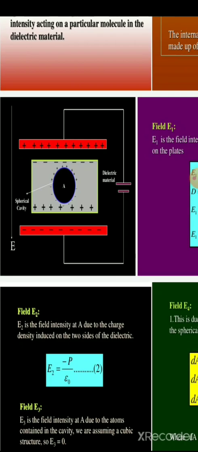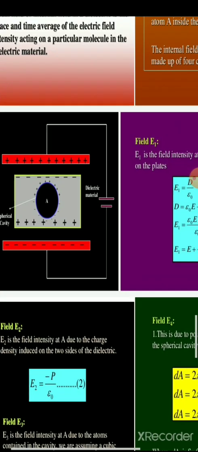The positive and negative charges around the atom are due to polarization. Dielectric material will not get polarized without an electric field, and the atom will not get polarized without dielectric material. Compulsorily, dielectric material should be present.